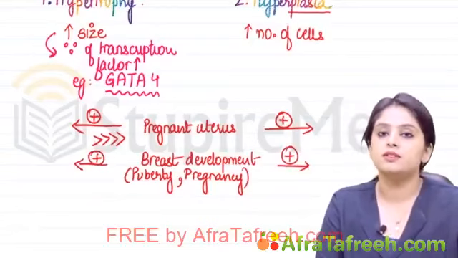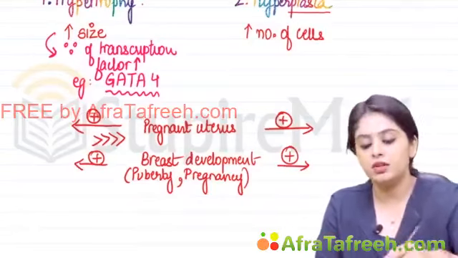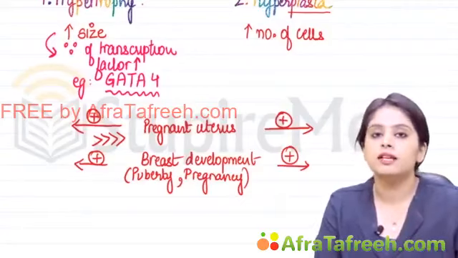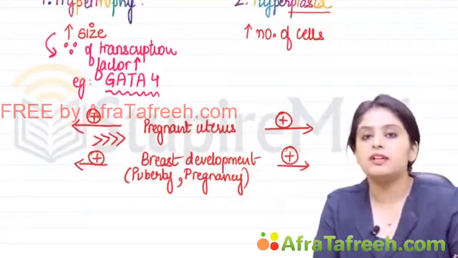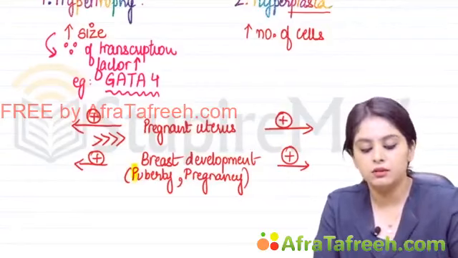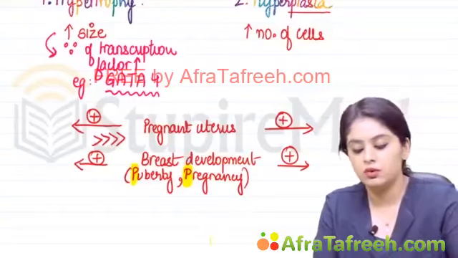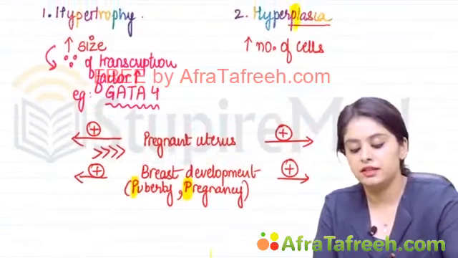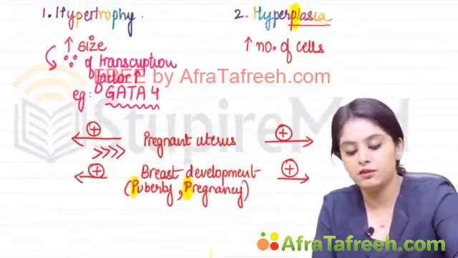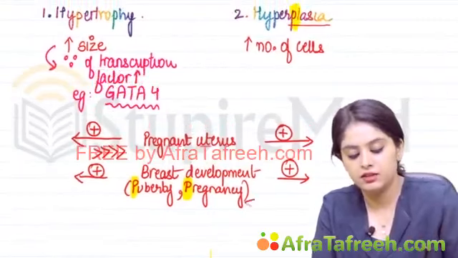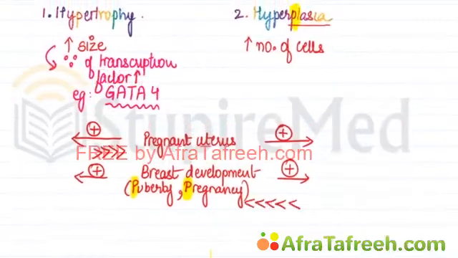Again, if the examiner tries to trick you and gives these as 2 separate options, what will you select? Remember, breast development during P for puberty, P for pregnancy will show P for plasia, that is hyperplasia. So if you have to select any one, in this scenario, it will be more of hyperplasia.